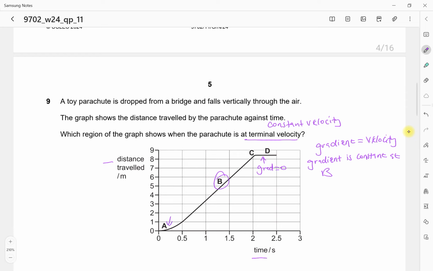Here at A, the gradient is increasing. Here at B, the gradient is constant. So the answer is going to be B.